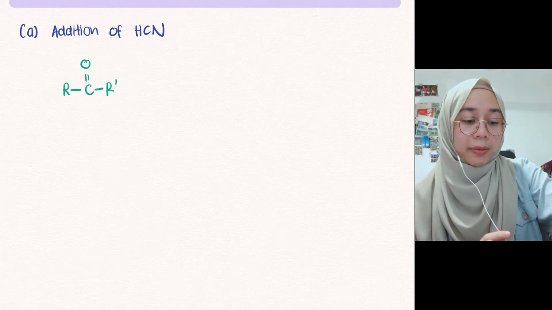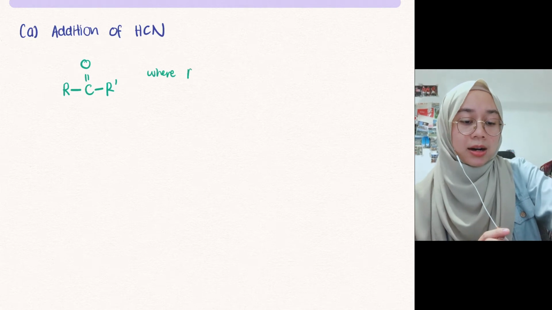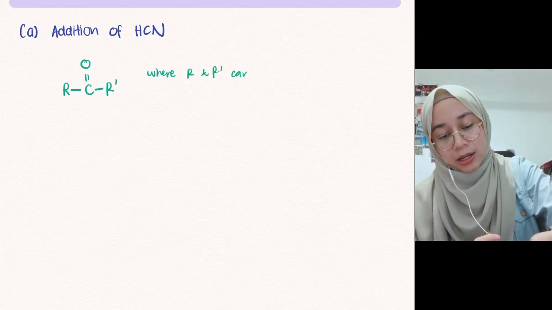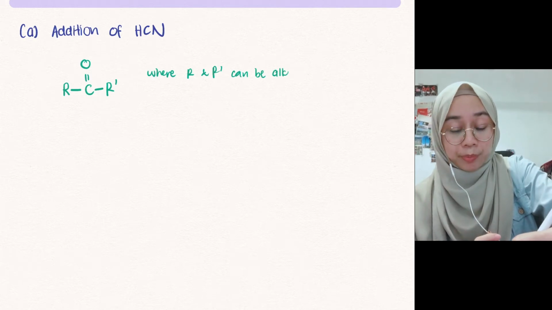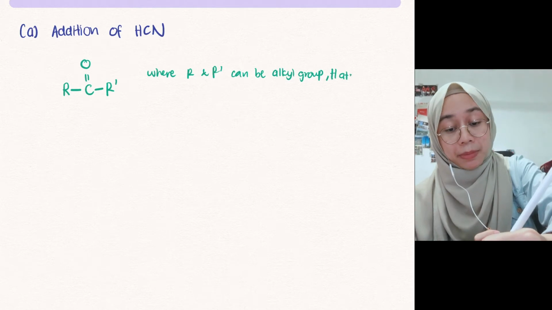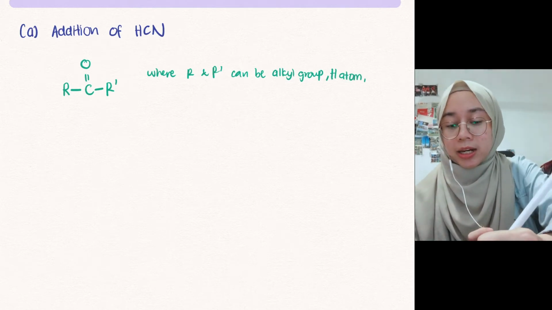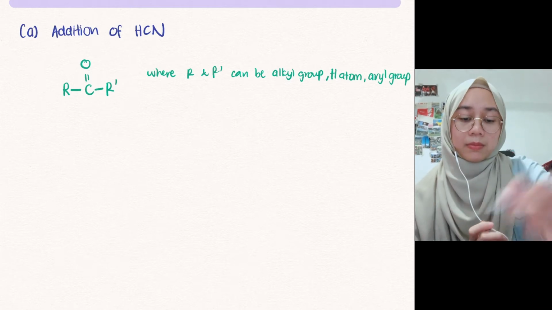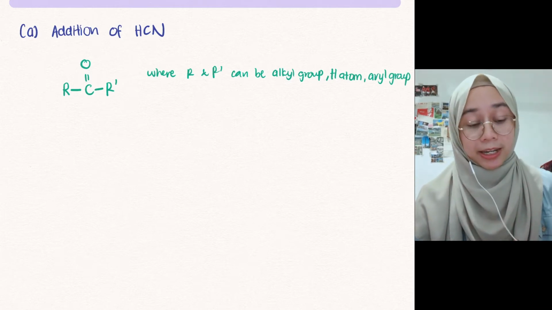Okay, whereby R and also R prime dekat sini boleh jadi alkyl group. Okay, boleh jadi dia adalah H atom, depends. Okay, boleh jadi dia adalah aryl group. Okay, so boleh jadi macam-macam lah dekat situ.